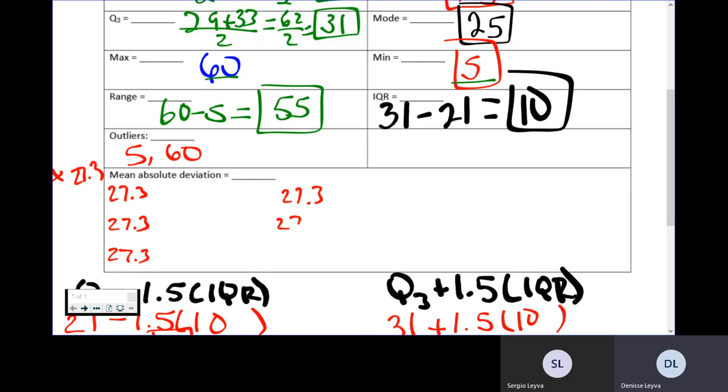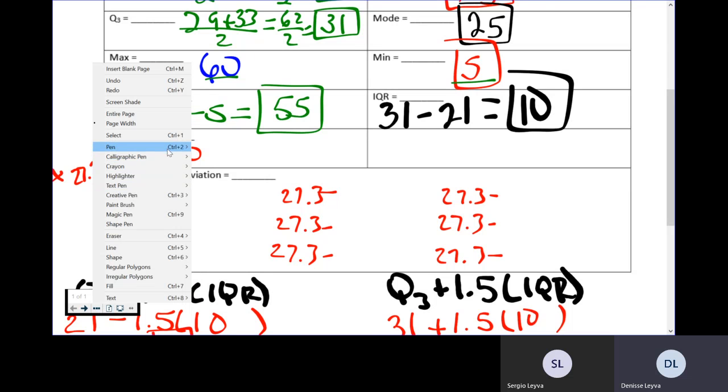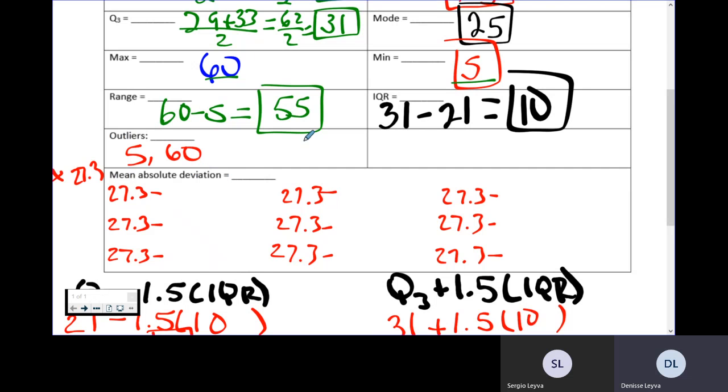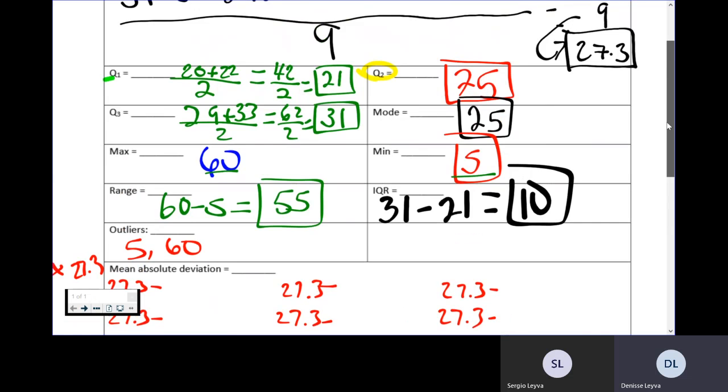And then minus, minus, minus. Now, if you guys remember, for mean absolute deviation, you don't have any negative numbers. They're all absolute. So even if it appears negative in your calculator, you're just going to have to change it to positive. It doesn't matter.